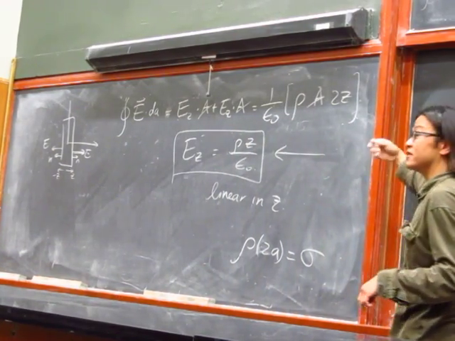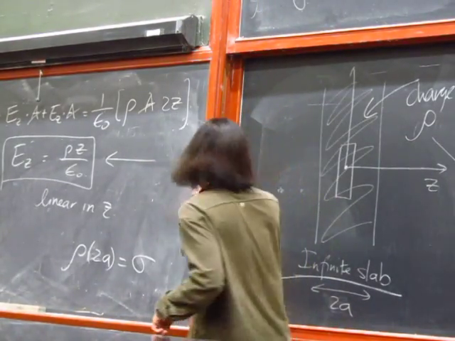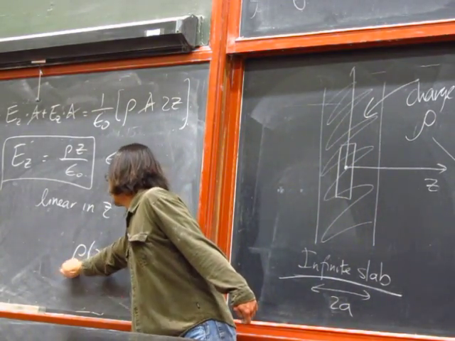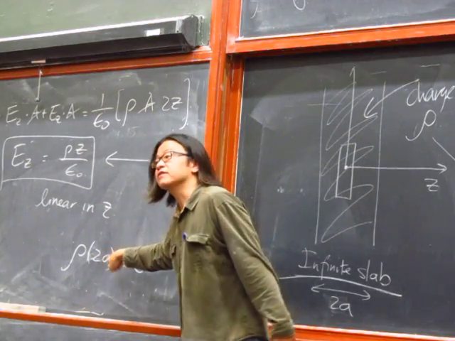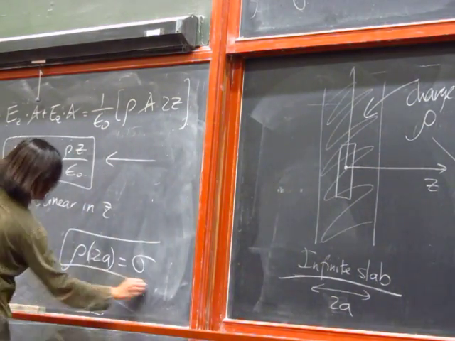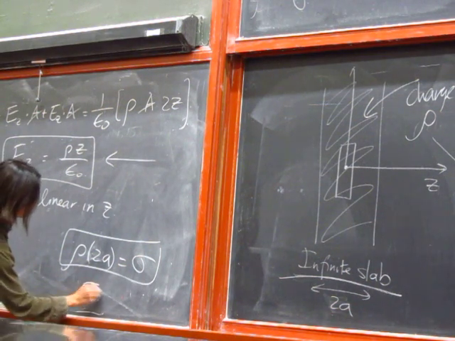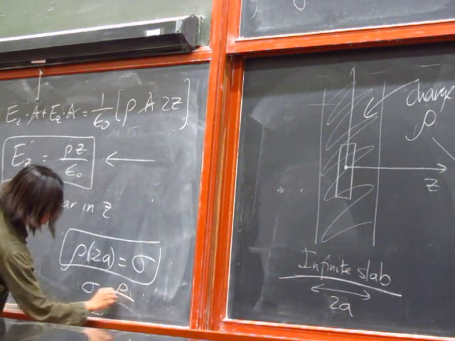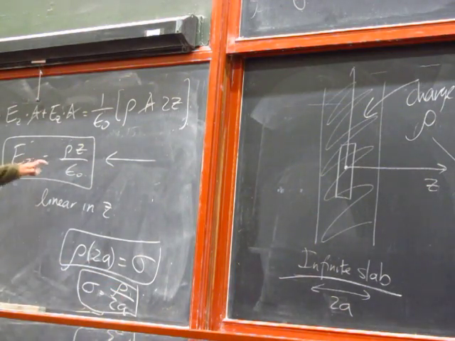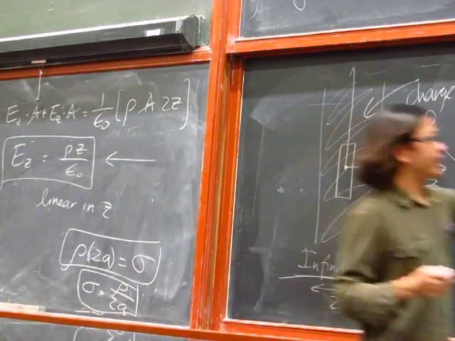If I want to look at the surface charge density, then I just have to multiply the volume charge density times the thickness. Right? And if I do that, multiplied by 2a, then I get this.